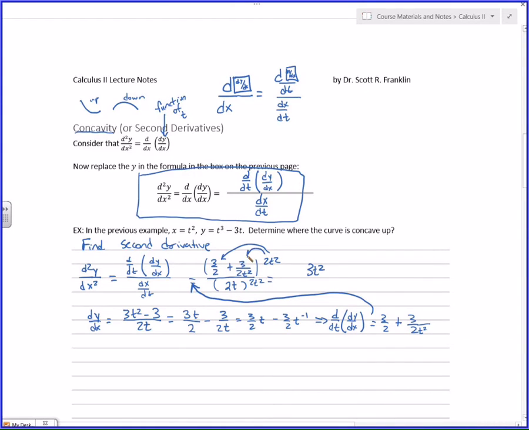When I multiply times this one, I get just plus 3. And on bottom, I have a 4t to the third. So there's your second derivative. That's your concavity.